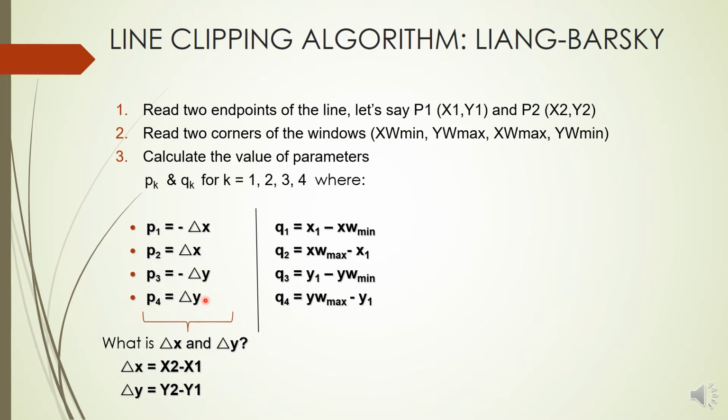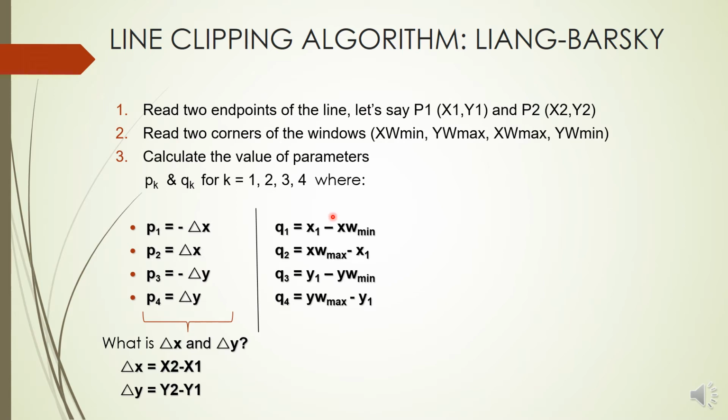You learned delta x and delta y in the previous chapter: delta x is x2 minus x1, and delta y is y2 minus y1. To remember easily: negative, positive, negative, positive for delta x, delta x, delta y, delta y.